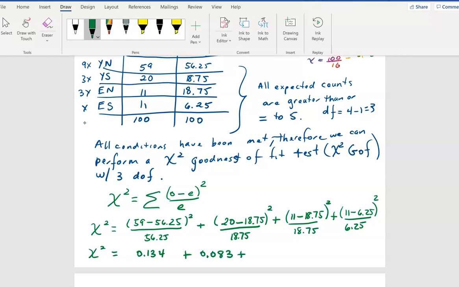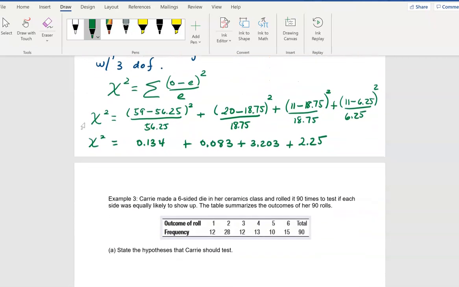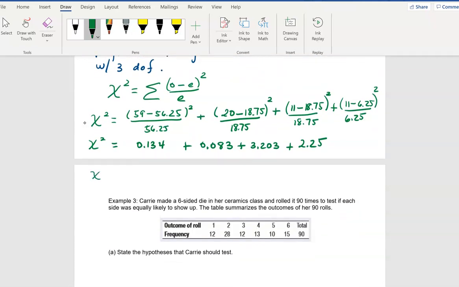The third component gives 3.203, and you should just check my arithmetic. And the fourth component gives 2.25. You're then going to add up all 4 components, and you get a value of 5.67.